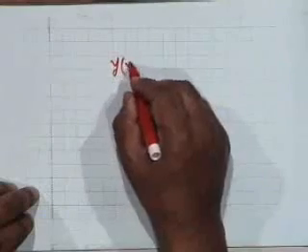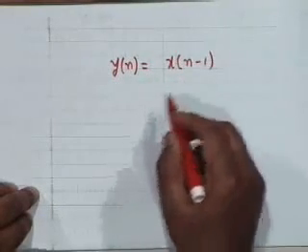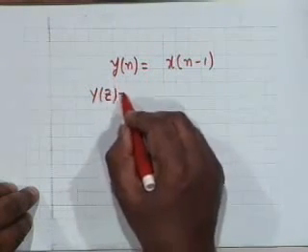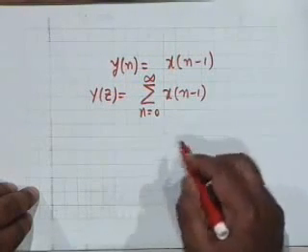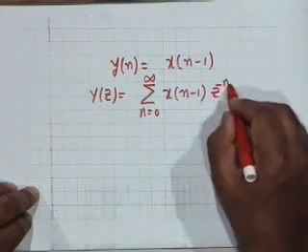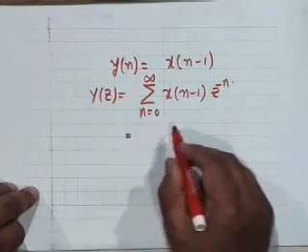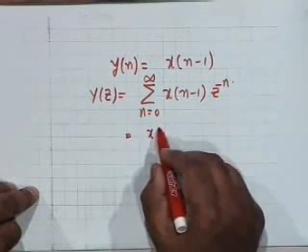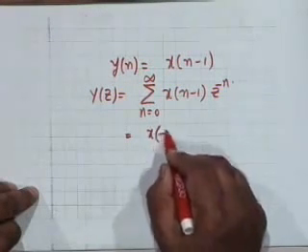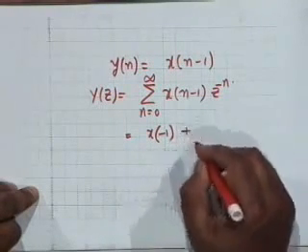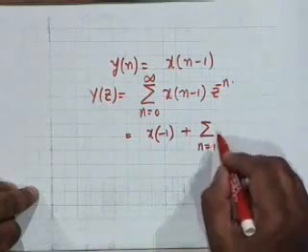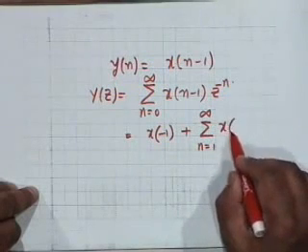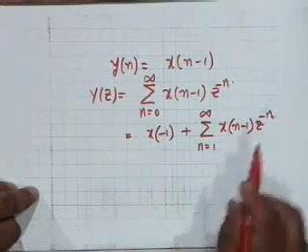To show this, let's consider y of n equal to x of n minus 1, and we have capital Y u of z equal to the sum over n equals 0 to infinity of x of n minus 1 z to the minus n. I can write this as x of minus 1 plus, n equal to 0 corresponds to x of minus 1, the sum from n equal to 1 to infinity of x of n minus 1 z to the minus n.